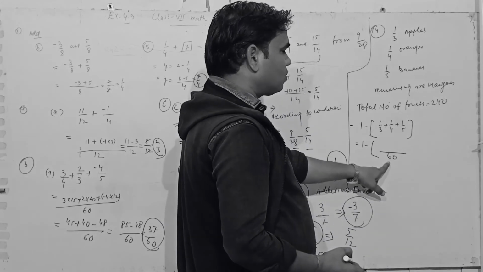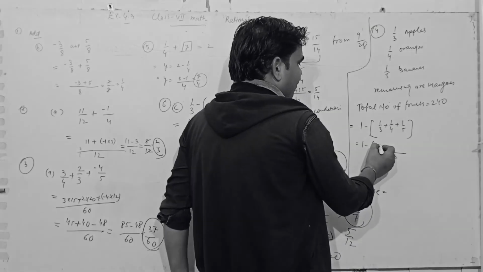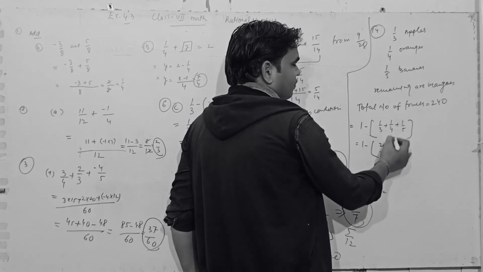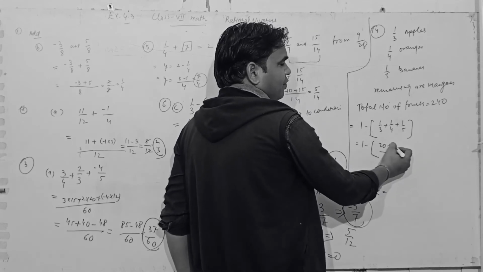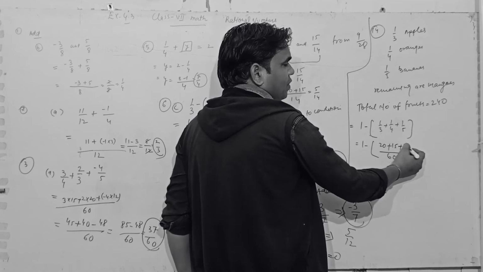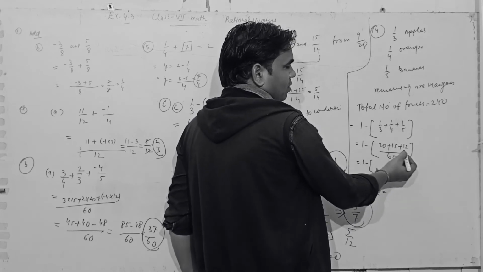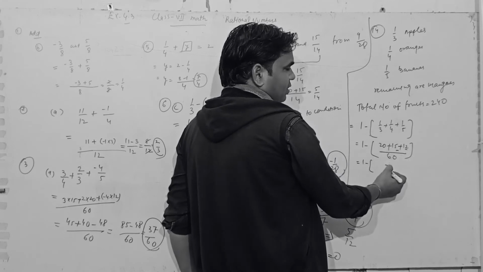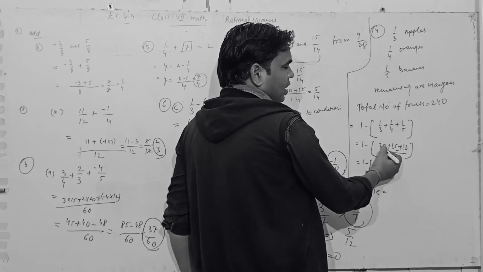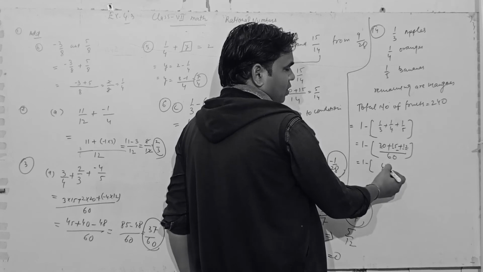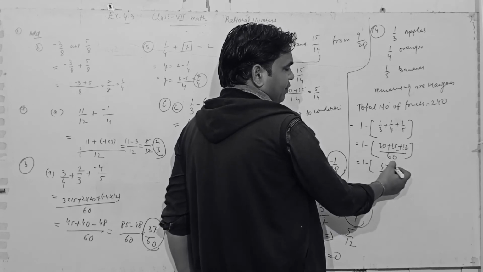So after that 20, plus 15, plus 12, that makes 47 over 60.